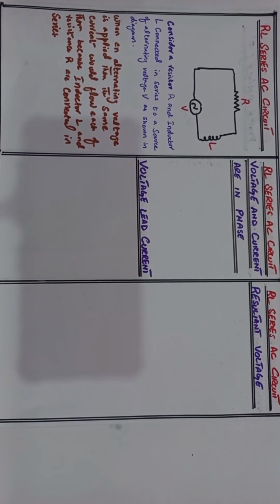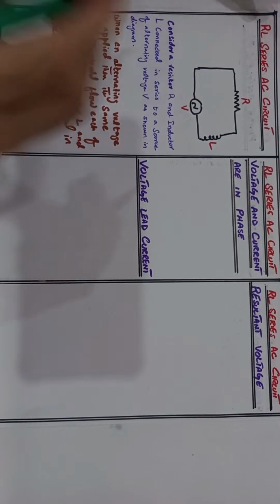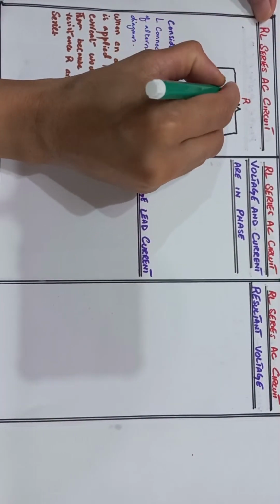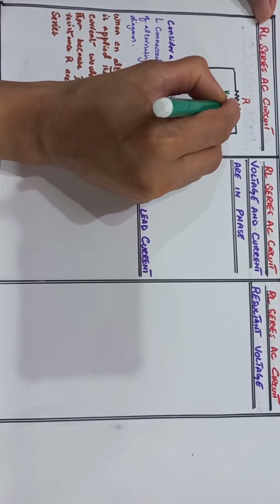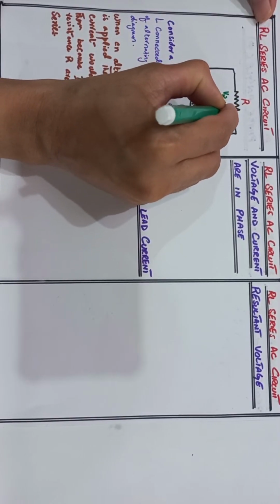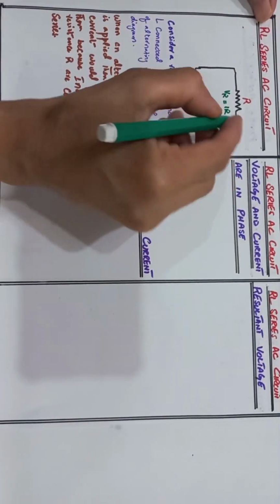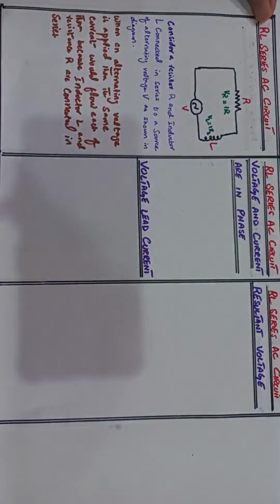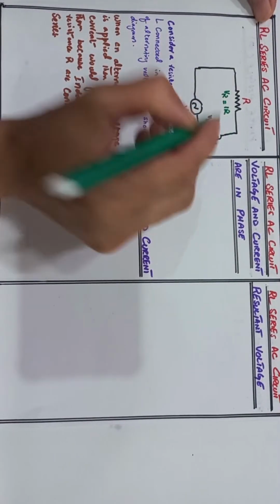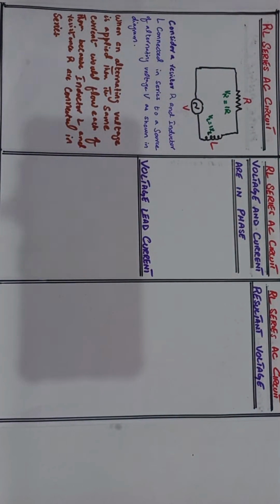Now we write about the voltage across the resistor R. The voltage across the resistor R, when the current is flowing through it, is VR equal to IR according to Ohm's law, and the voltage across the inductor is VL equal to I XL. XL shows the inductive reactance.